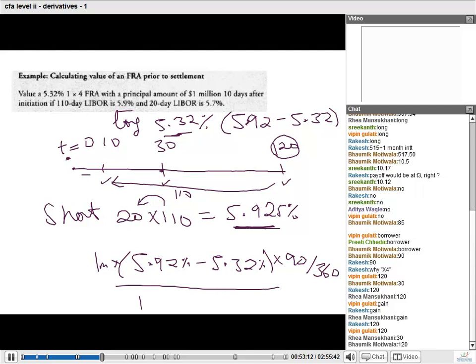Upon 1 plus, I have to discount it back 110 days. So I will use the current 110-day LIBOR to compute the value of the FRA today, that is at t equal to 10.